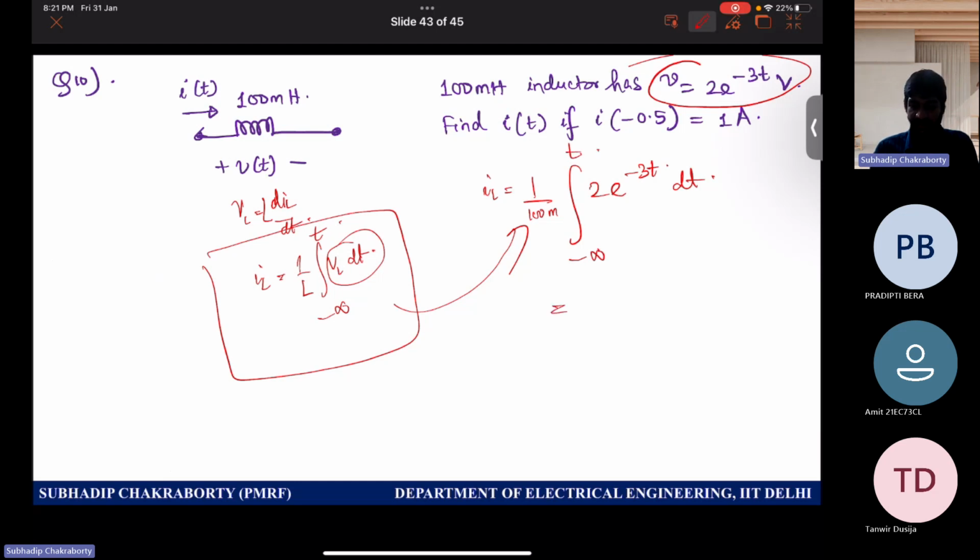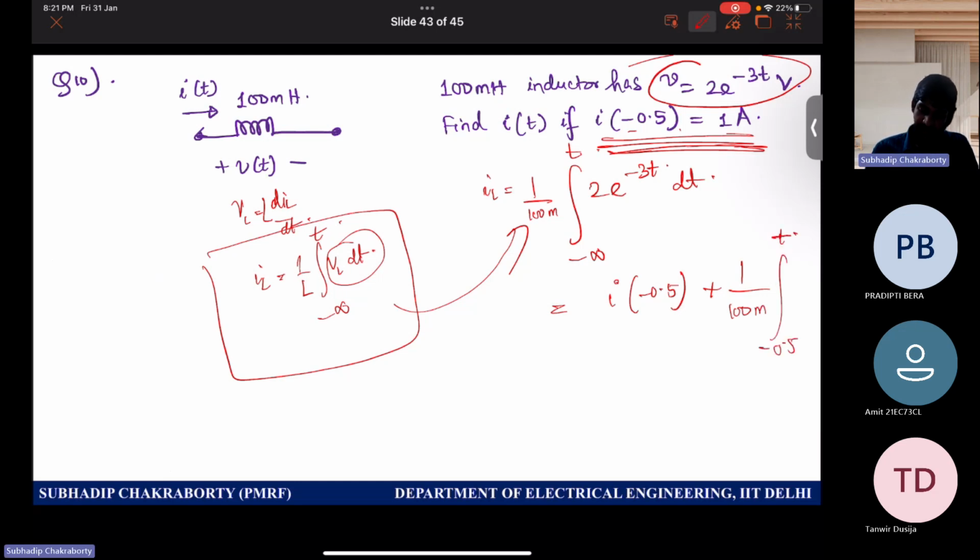You just solve this from minus infinity to 0 and 0 to t, or you break it down, because you already know this is minus 0.5. So I can write I of minus 0.5 plus, again I knew the current, the integral from minus 0.5 to t of 2 e to the power minus 3t dt, because the current is actually this much, the initial current.